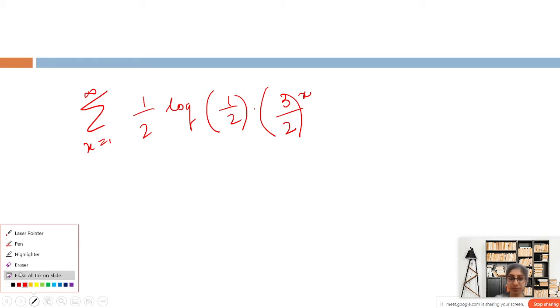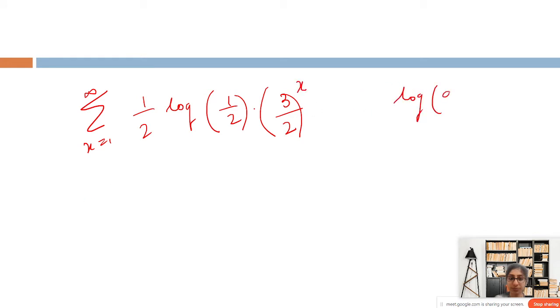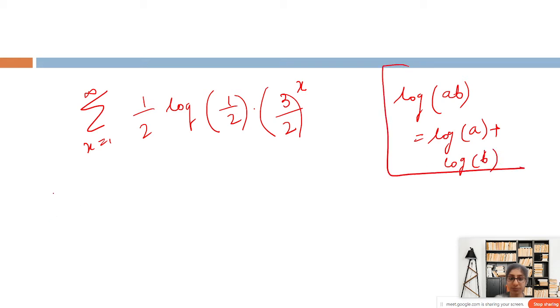So we know that the formula log of AB becomes log A plus log B. This is the logarithmic property that we are going to use in this case.